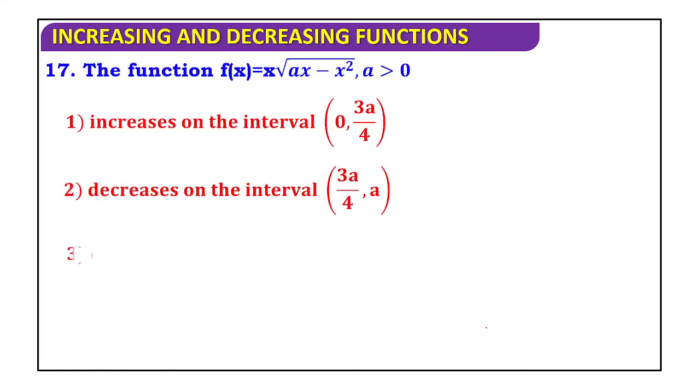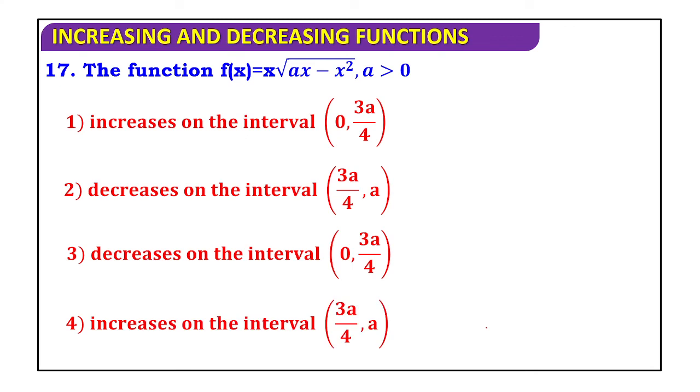Now we can quickly move to problem number 17. The function f of x is x into root of ax minus x square. Inside the root, ax minus x square must be greater than 0, and a must be greater than 0. So now you can see this is u, this is v.